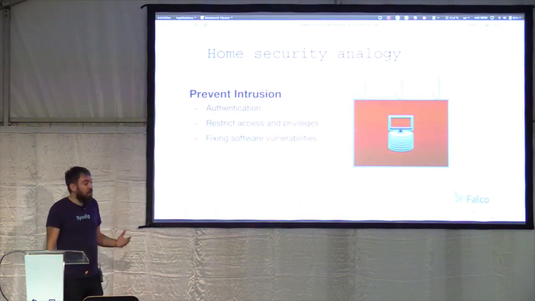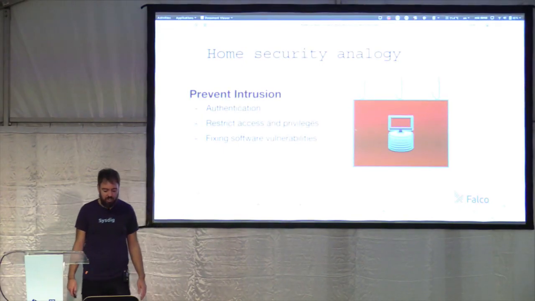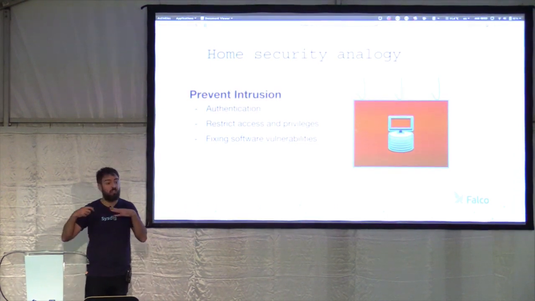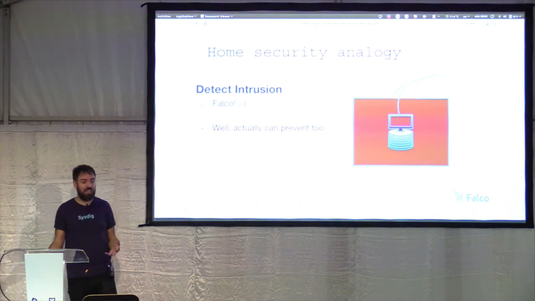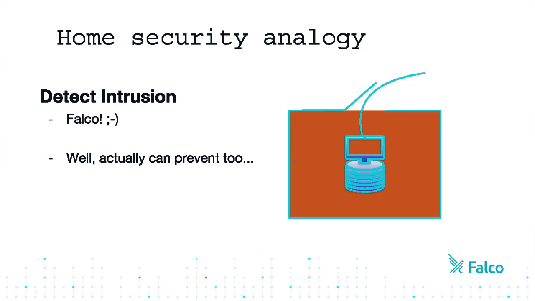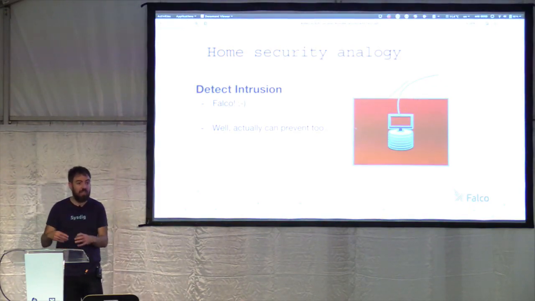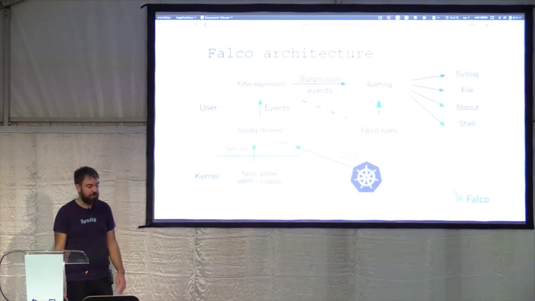With software, it's probably the same thing. We are doing authentication, we restrict access and privileges, we fix software vulnerabilities, and all that's awesome, and we need to do it. But we need to make sure whether the attackers make their way into our house or not. And this is where Falco is very useful. We can audit and detect what's happening inside your container and your software.